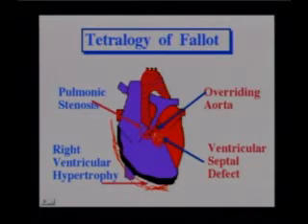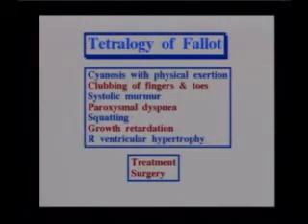This means that the child has unoxygenated blood in the systemic circulation. These are the children that have frequently been called blue babies. These children turn blue, and we often see cyanosis with physical exertion. We see these are children that do the squatting.